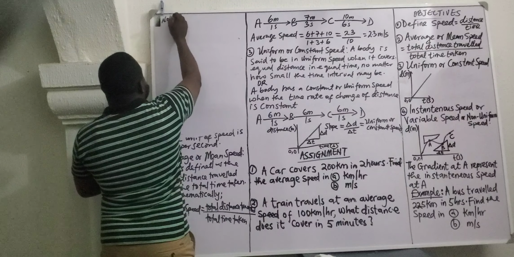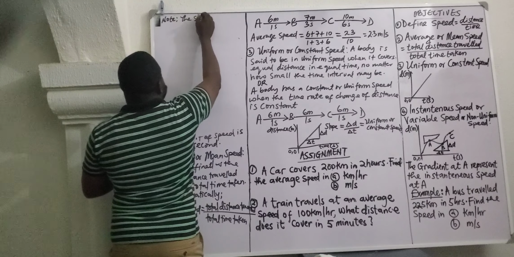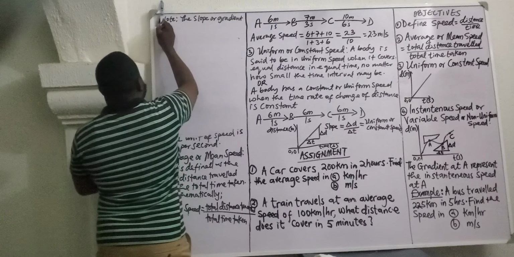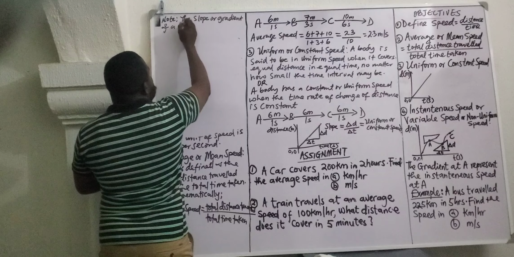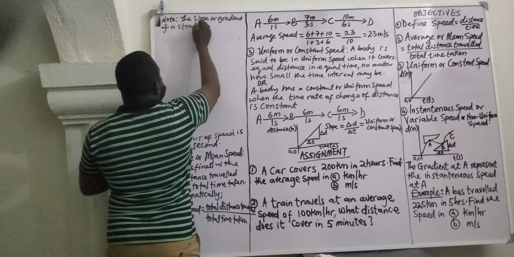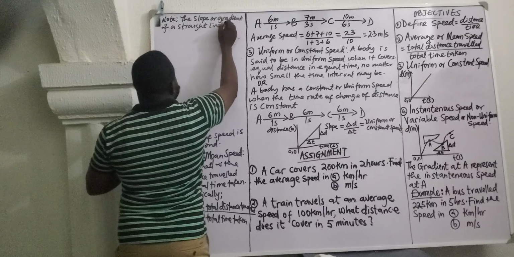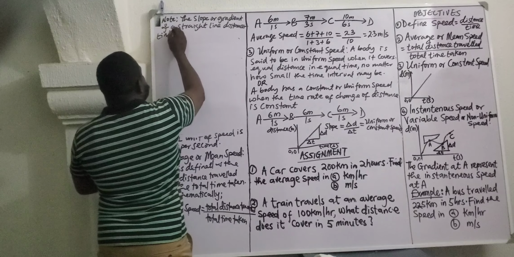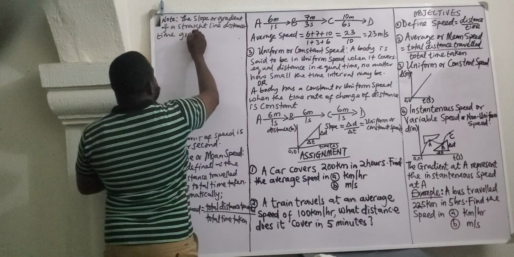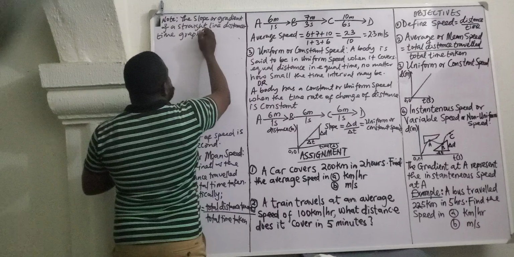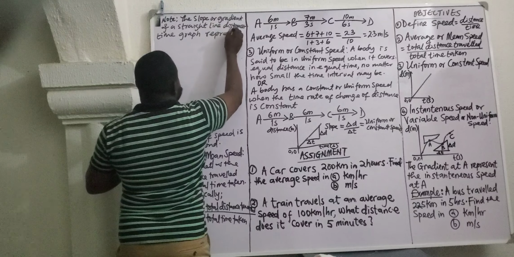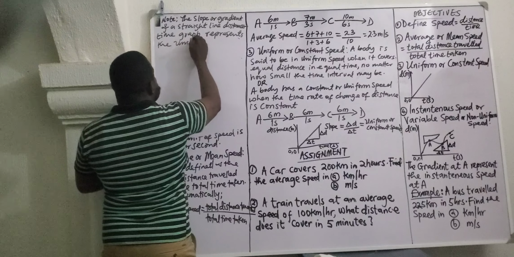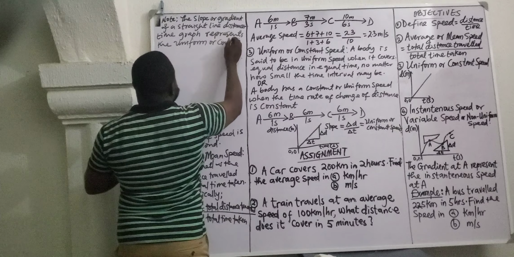Note that the slope or gradient of a straight line distance time graph represents the uniform or constant speed.